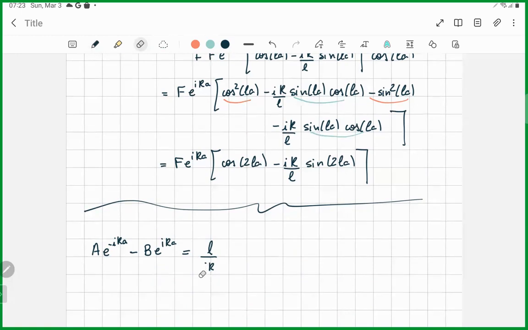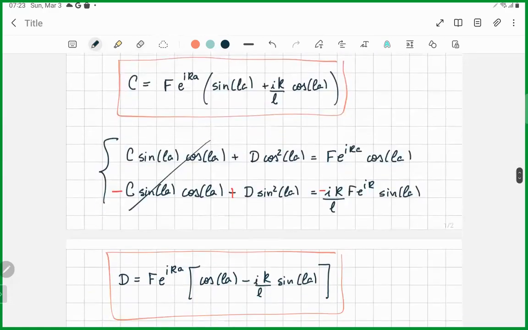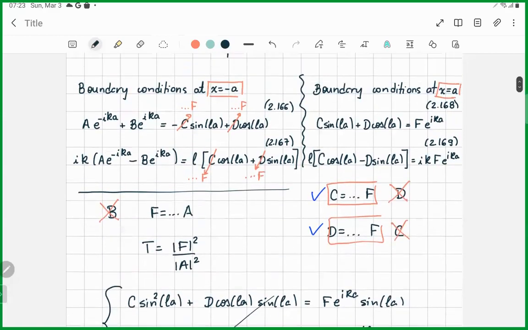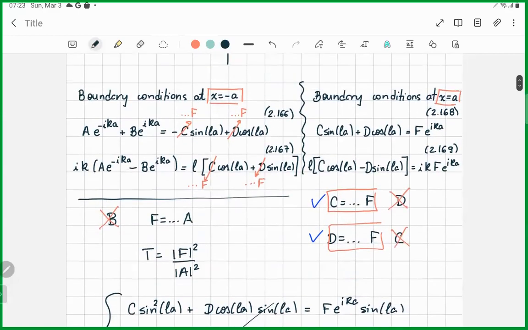So I'm going to get it out of here and change signs, putting it on top. Okay, and then this term, I will have again the same story. Wherever there is C, I'll write it in terms of F. Wherever there is D, I'll put it in terms of F.